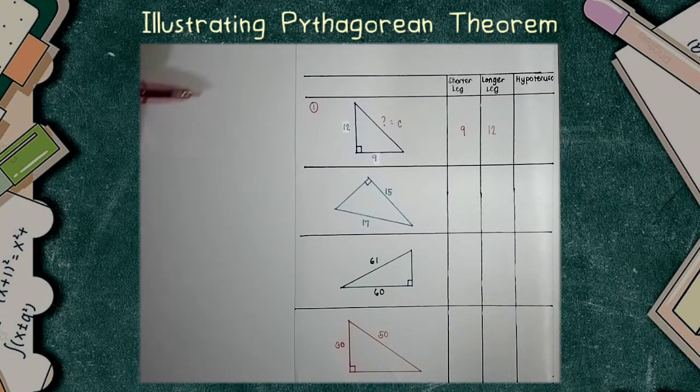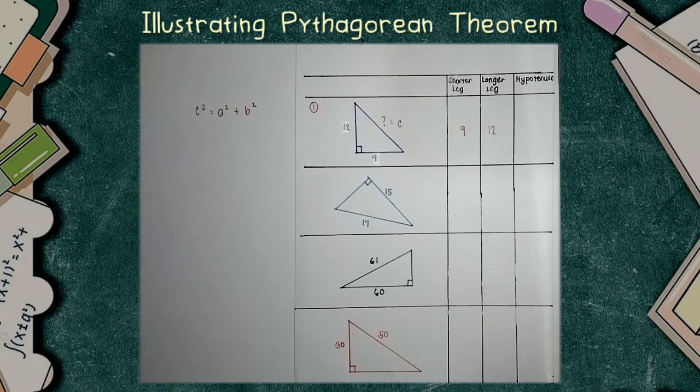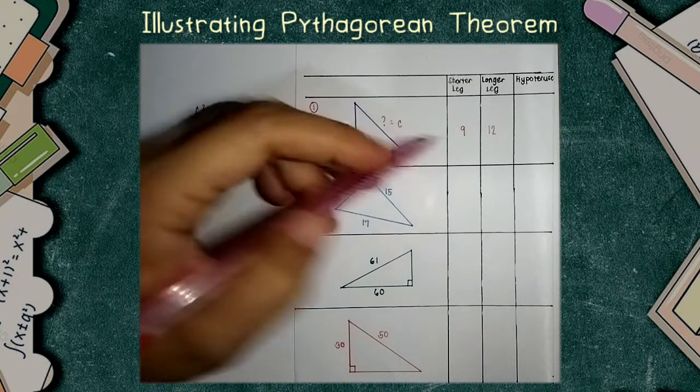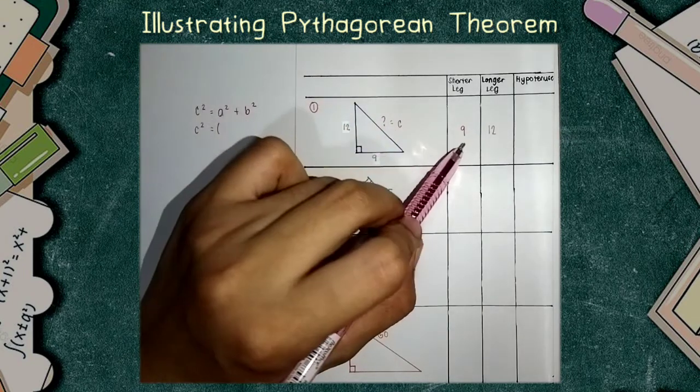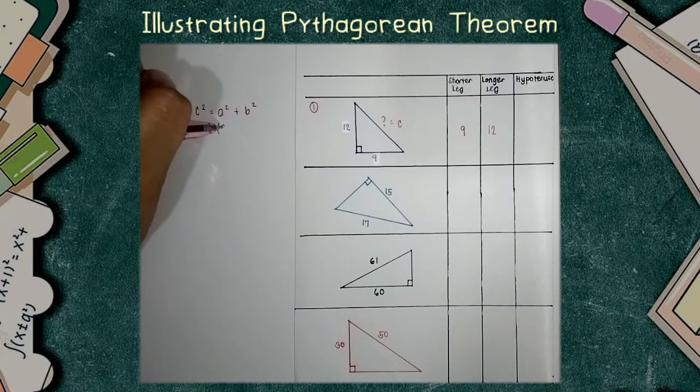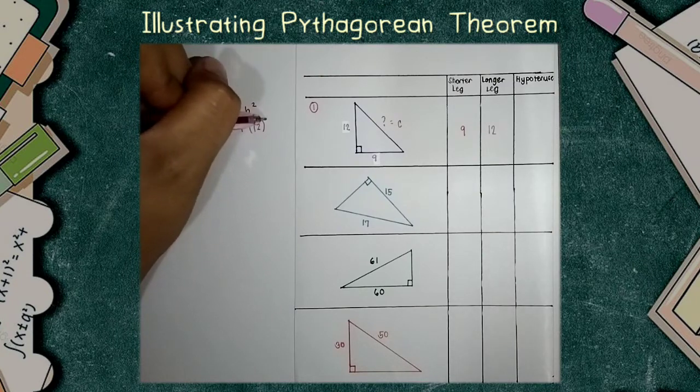So, we can solve for the value of C or hypotenuse using C squared equals A squared plus B squared. Okay, so by substituting the following data, A squared, ano nga ang A? Ang A ay yung shorter leg na 9, plus the longer leg which is 12.